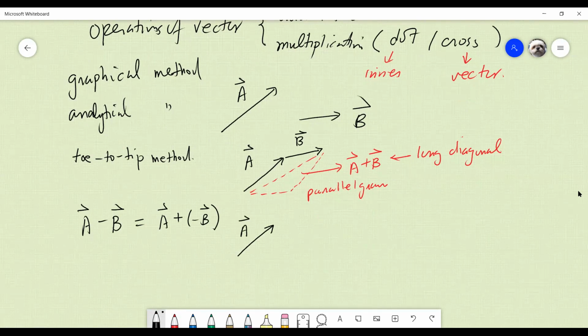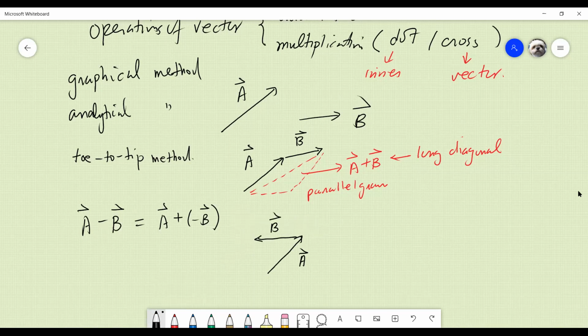Now, if I draw A and then B, what does B look like? B looks like that. Now I'm going to draw it the other way so I have more space. So I have A, and then I have B.